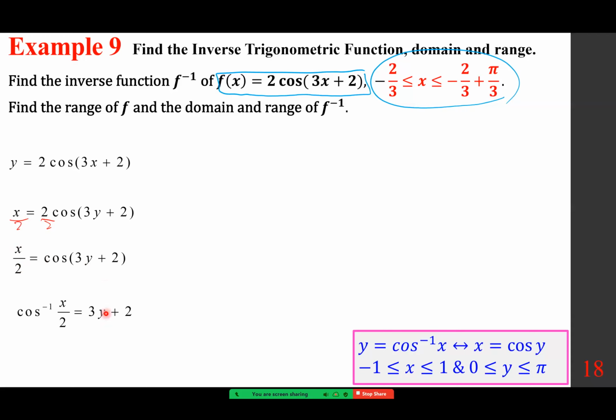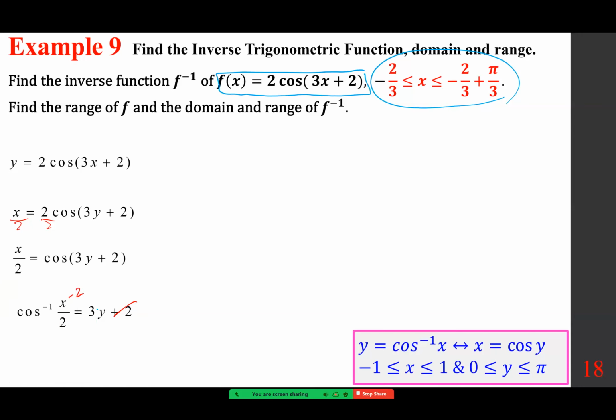You want to solve for y, we're going to subtract the 2, then we're going to divide by 3. So let me quickly show you that. So we are going to get rid of this and say this is -2. So if 3y equals cosine inverse of x over 2 minus 2, then we divide both sides by 3, or we multiply both sides by 1/3.